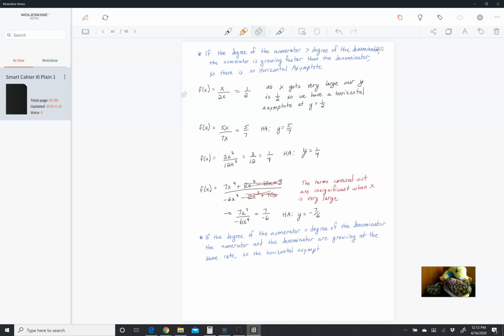The horizontal asymptote is the ratio of the leading coefficients. Meaning y equals the leading coefficient of the numerator over the leading coefficient of the denominator.